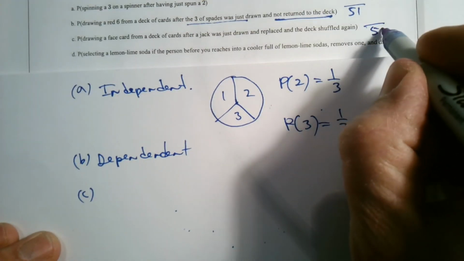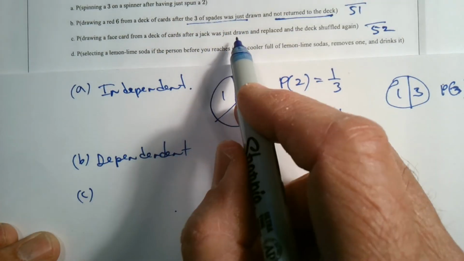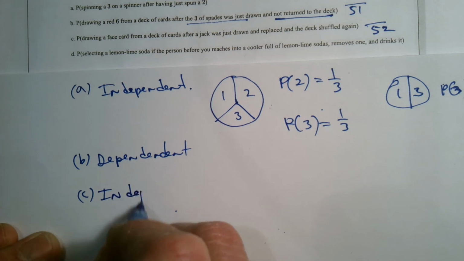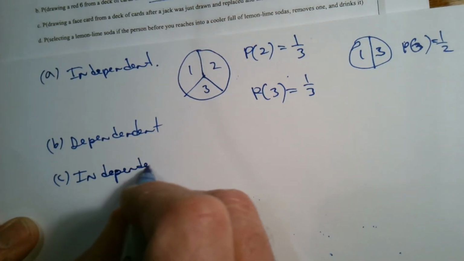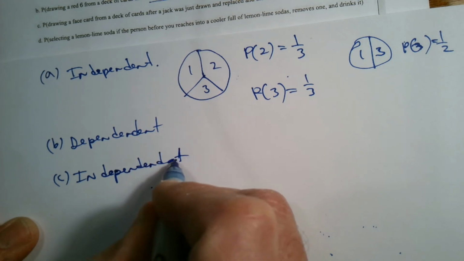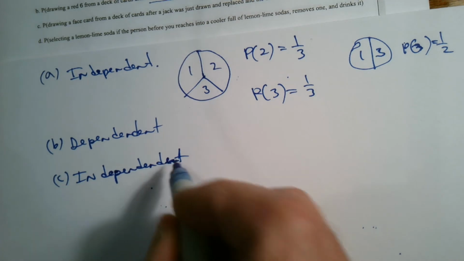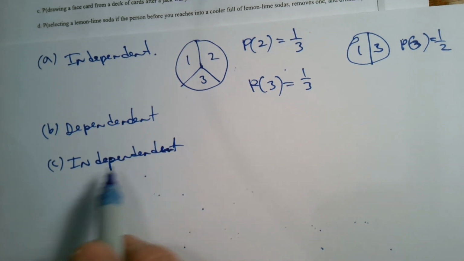It's still over 52 cards because I'm putting the jack back. So this one is independent, because the first event did not affect the second event.